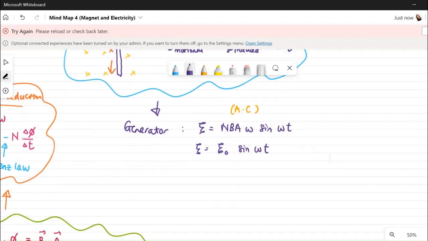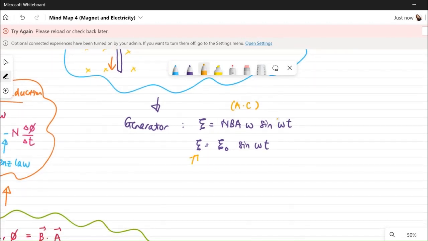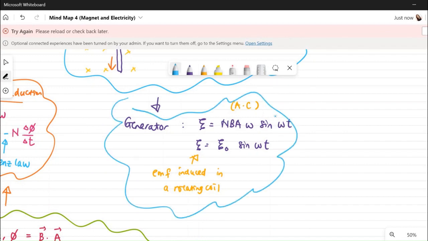So it's in a sine wave form. This is the EMF induced in a rotating coil, which is moving with the angular speed omega. Okay, this is a generator.